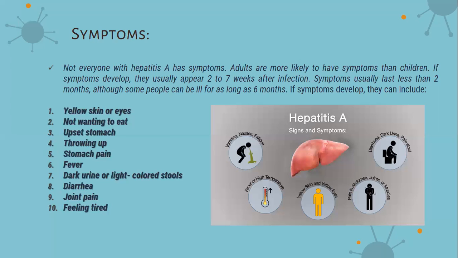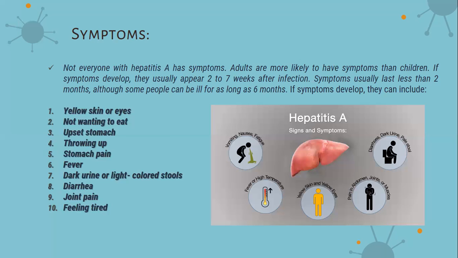So here is the list of symptoms of this hepatitis A. Just for example, here is the yellow skin or you have yellow eyes. So let's take a look at the picture on the screen, yan. And number 2 is not wanting to eat or you have a loss of appetite. Number 3 is upset stomach.